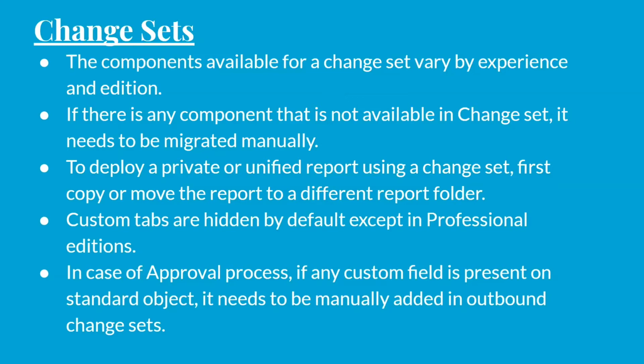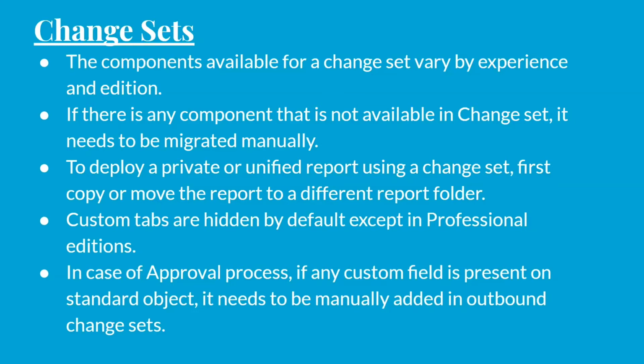In the case of an approval process, if any custom field is present on a standard object, it needs to be manually added to the outbound change set. Your whole approval process can be moved from one org to another using change sets, but if there is any custom field you have created on a standard object, it should be manually added to the outbound change set.